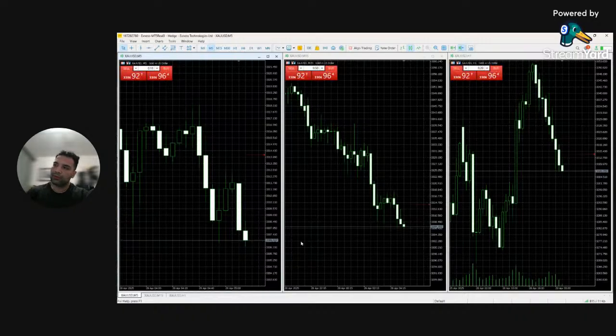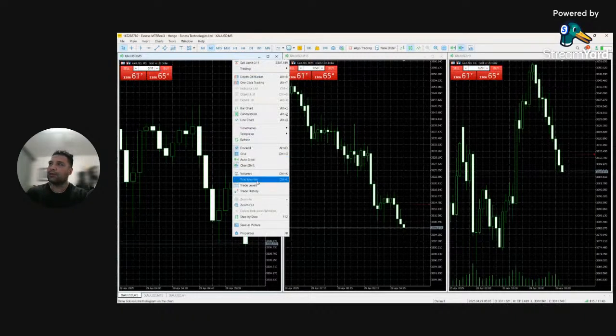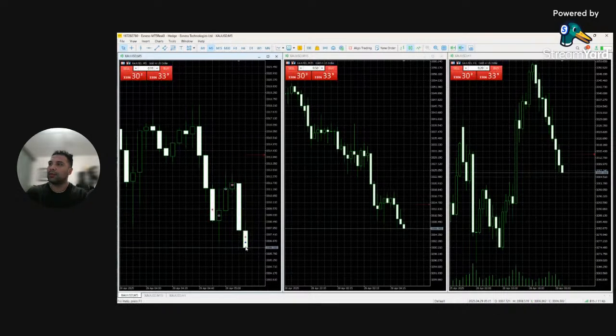My close was exactly on the point, but my entry was right in here. My order got slipped. It got executed right in here, and then I exited at the right time.